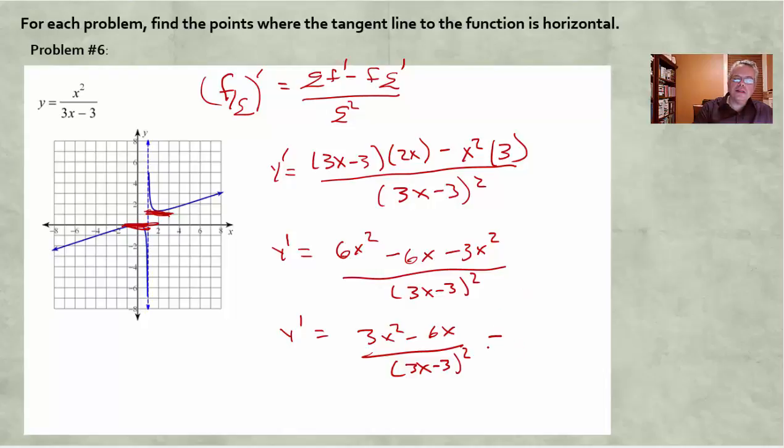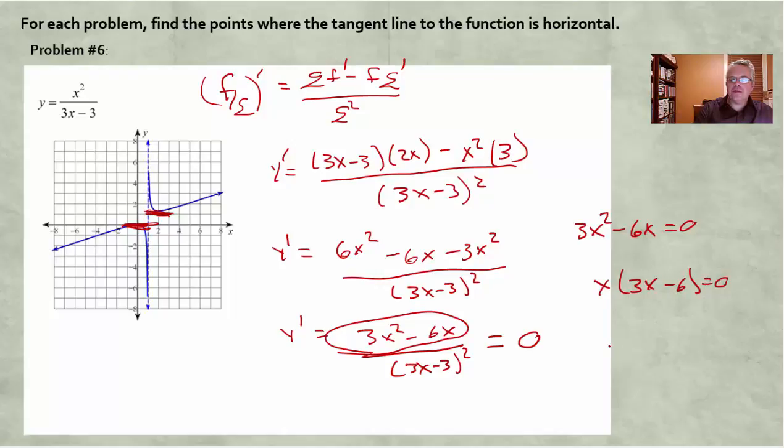Now, we want to set this equal to 0 for this problem to find the horizontal tangents. Now, a fraction is 0 when the numerator equals 0. So we just set the numerator equal to 0. 3x squared minus 6x equals 0. Or x times 3x minus 6 equals 0.